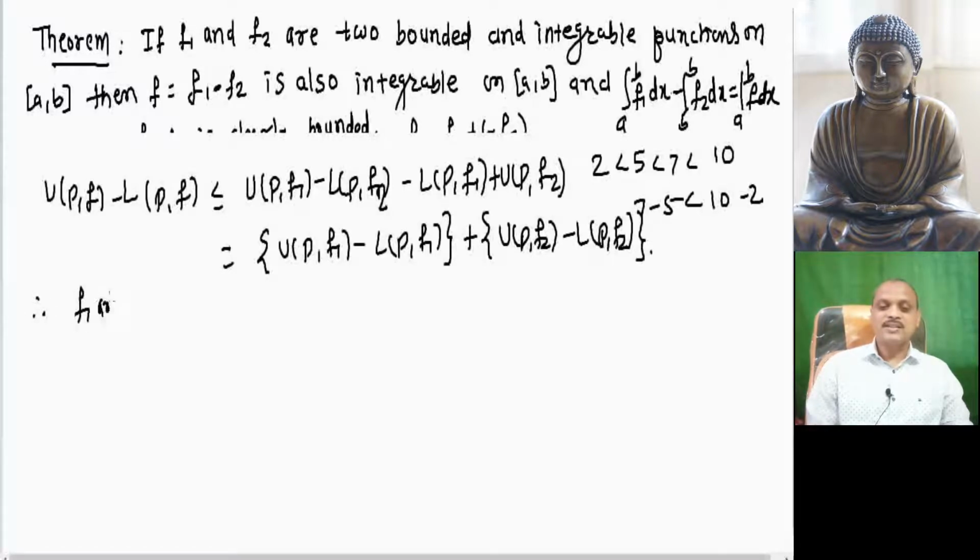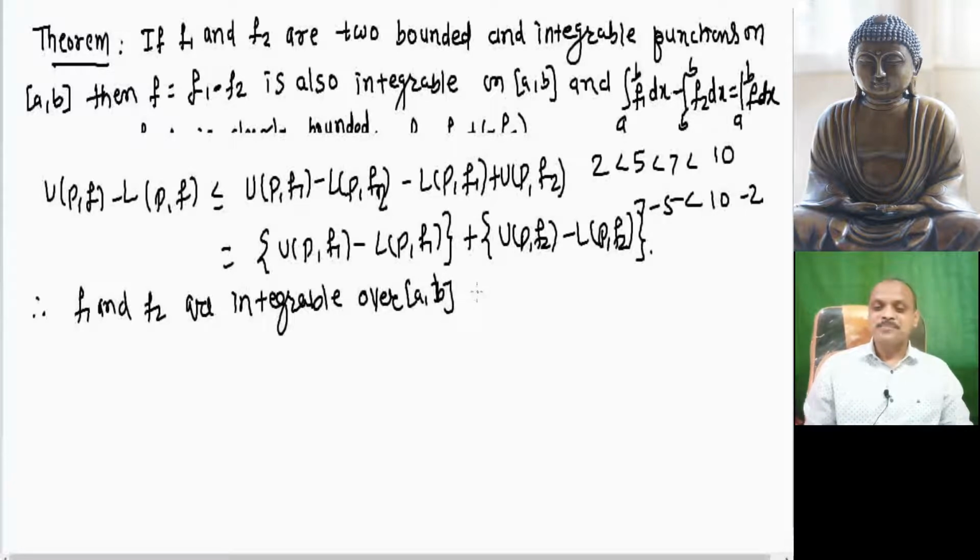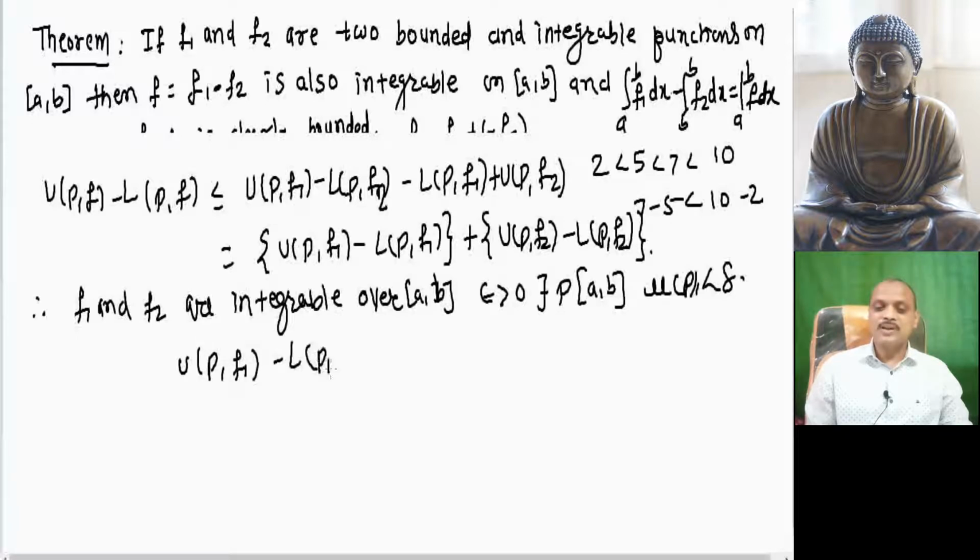As the functions are integrable, since it is given that f1 and f2 are integrable over the closed interval [a, b], then for epsilon greater than 0 there exists a partition P of [a, b] with norm mu of P less than delta, such that U(P, f1) minus L(P, f1) is less than epsilon by 2.